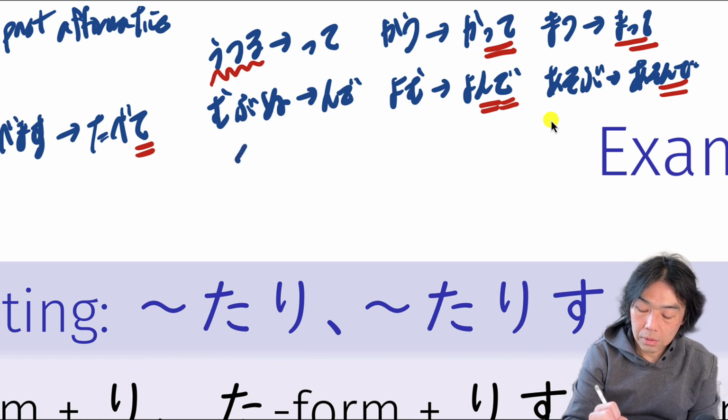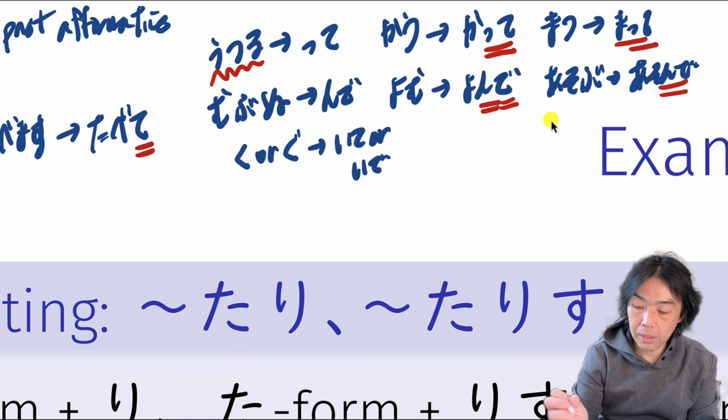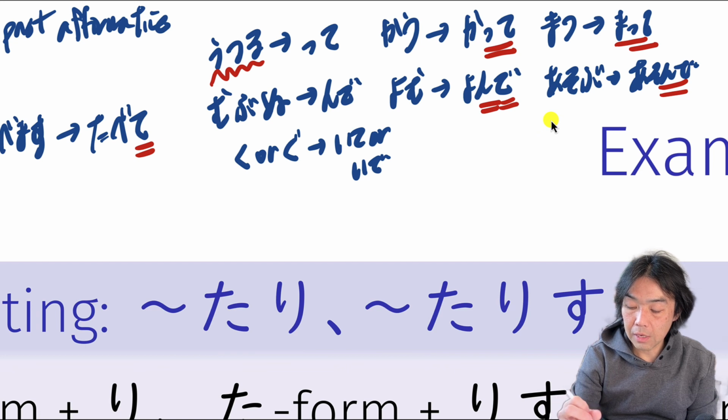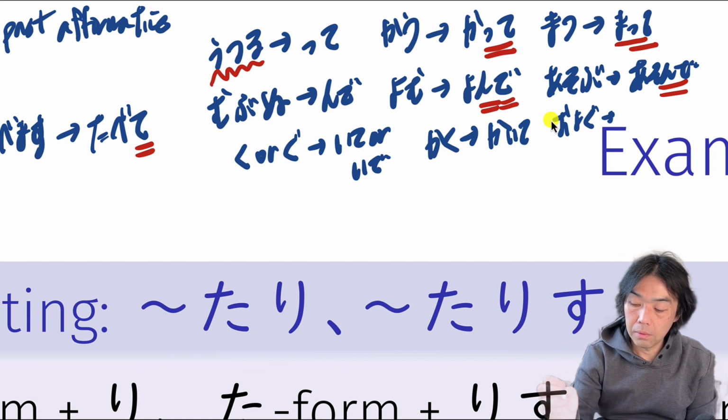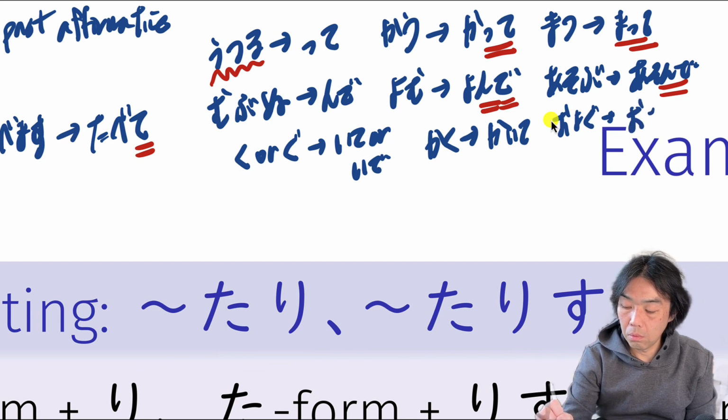Ku or gu becomes ite or ide. So for example, kaku becomes kaite, or oyogu, oyoide. So ite or ide.